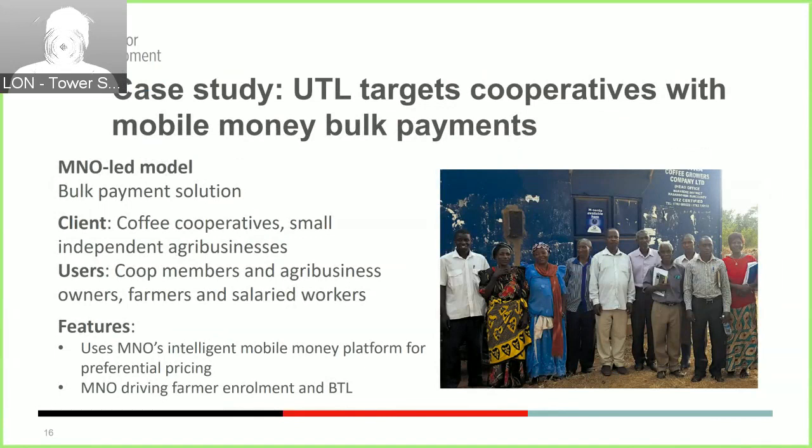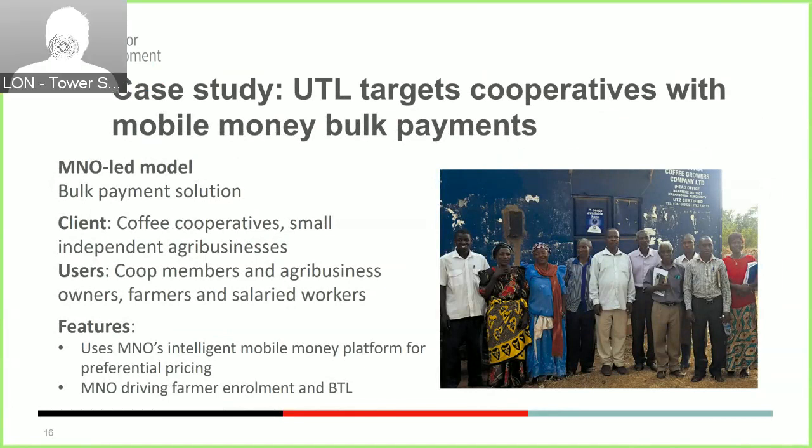When it comes to enrolling the farmer, there is below the line marketing being driven by the MNO to stimulate this pilot initially. UTL has been the lead party of specific mobilization programs for farmers, implemented in partnership with agribusinesses, which have provided demonstrations on mobile money usage for new users.